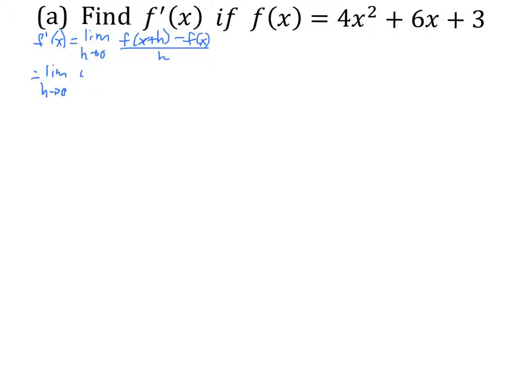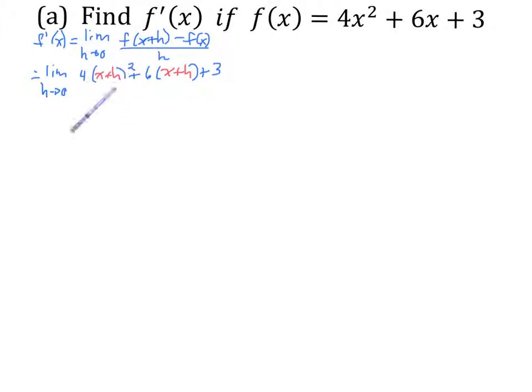So we have 4 parentheses x plus h in parentheses squared plus 6, parentheses x plus h in parentheses, and don't forget that plus 3. So far this is only the original function with x plus h substituted in every time we saw an x. So that represents this part right here.